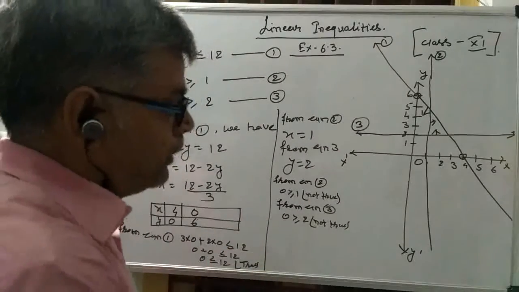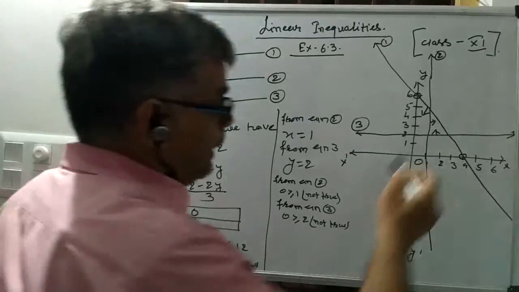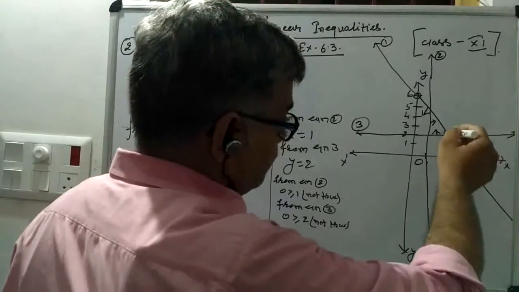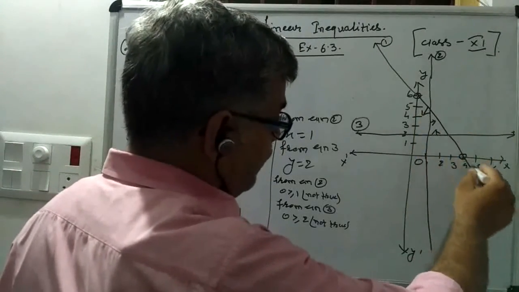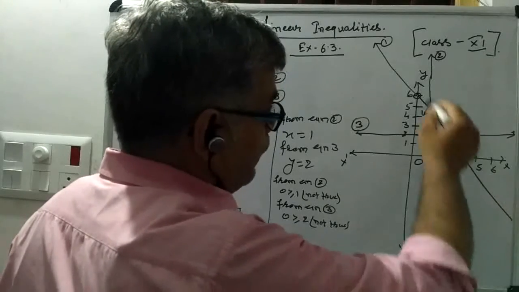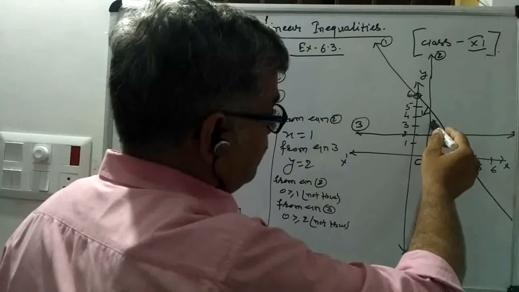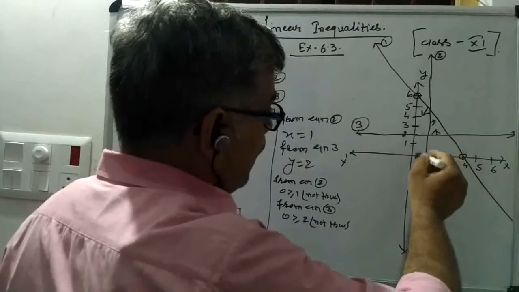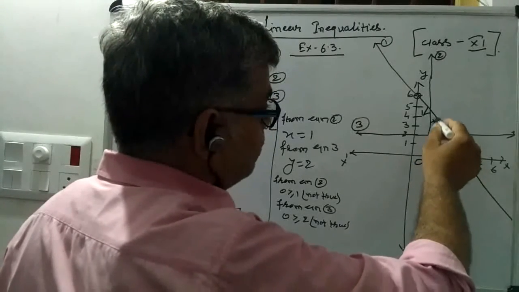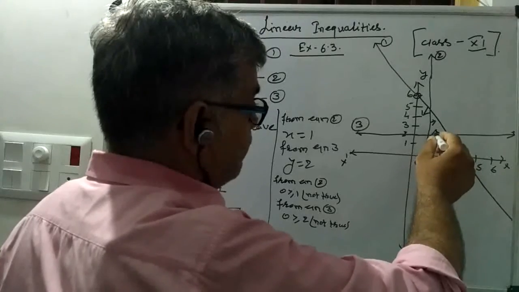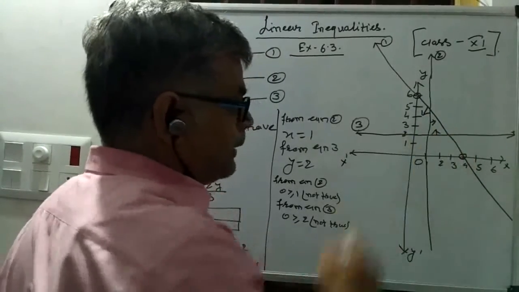So what you got is that we have the solution region below line 1, and we have the solution in the right half of line 2, and for line 3 we have the solution region in the upper half of equation 3.